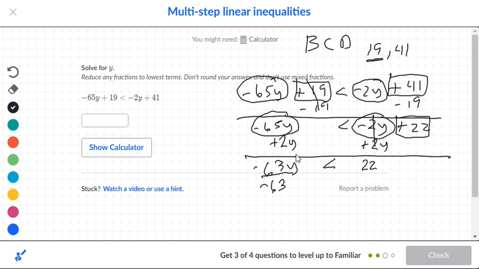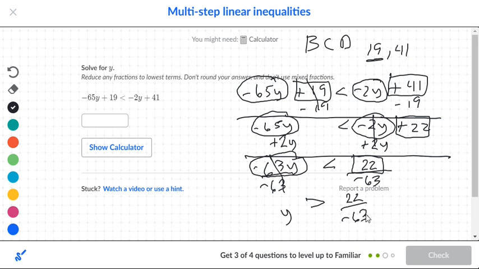Actually, let me circle this. So we're going to circle and we're going to box. So I have one circle and one box. So I'm going to divide by this negative 63. Cross this out. There's my y. Since the letter's negative, turn your sign the other way. So you're going to have 22 over negative 63.